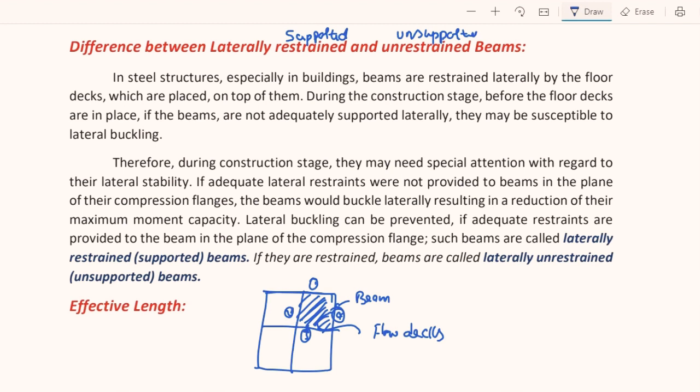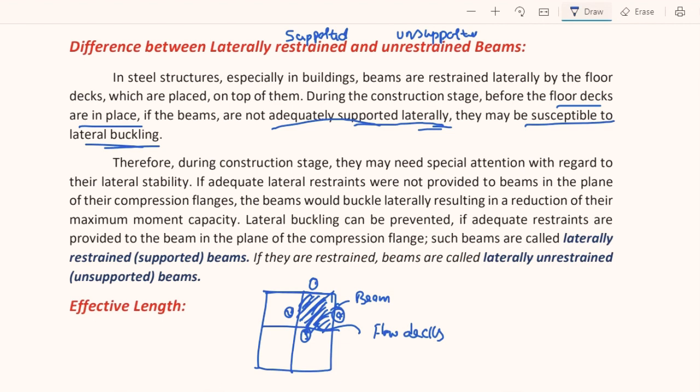During the construction stage, before the floor decks are in place, if the beams are not adequately supported laterally, as I told you earlier, if there is no floor deck here, if the structure is still under construction, only the column and beam frame is constructed, what happens? The beams are not adequately supported laterally. There is no proper support in the lateral direction, so they are susceptible to lateral buckling that we have seen in the earlier video, right?